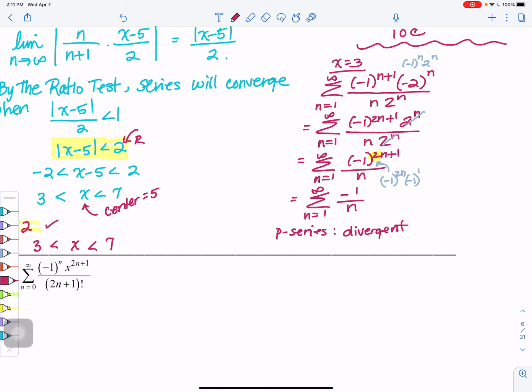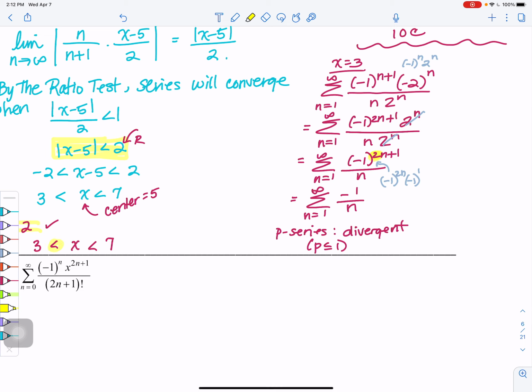If we have a divergent p-series, p is less than or equal to 1. Now, our other endpoint. Since we're divergent, this definitely stays less than.